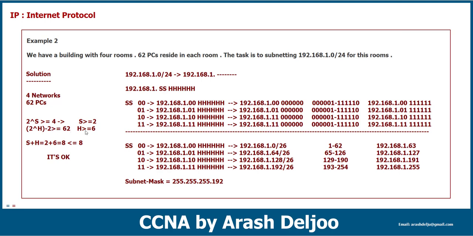This means that we need a minimum of 6 host bits, and because of that in each network we will have 62 usable IP addresses. Finally, the requirement is 2 plus 6, 8 bits that we need, and we have 8 bits. Because of that this should be less than or equal to the bits that we have, so it's okay, we can design the scenario.